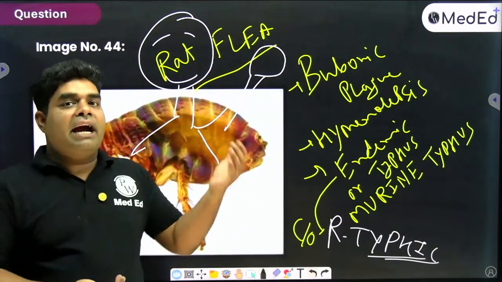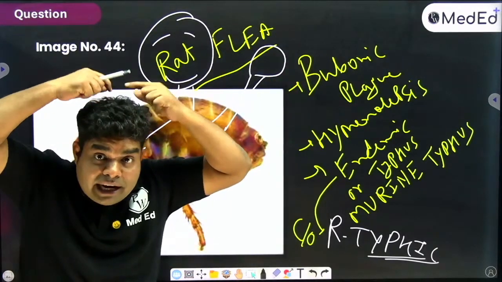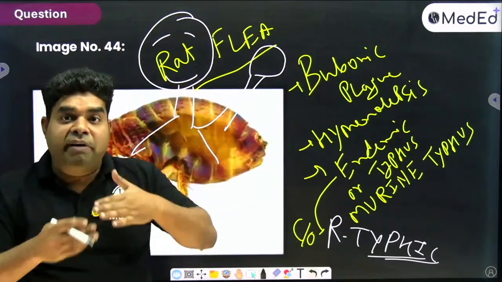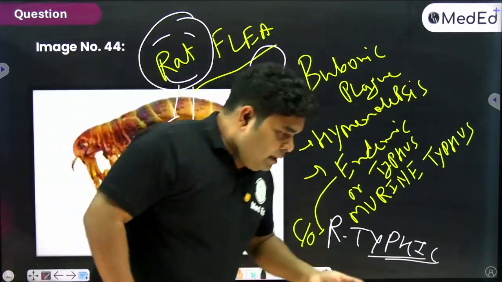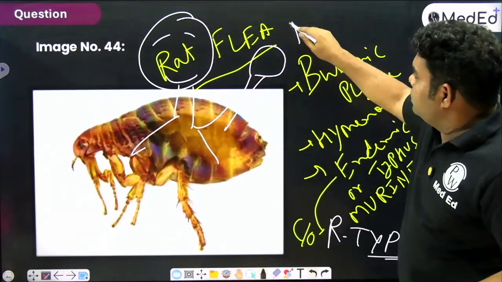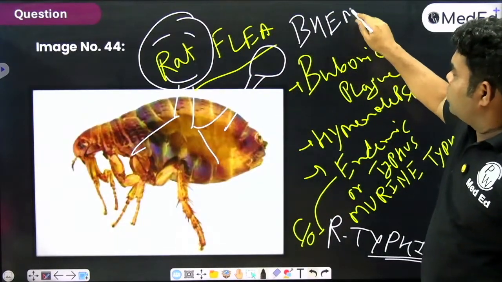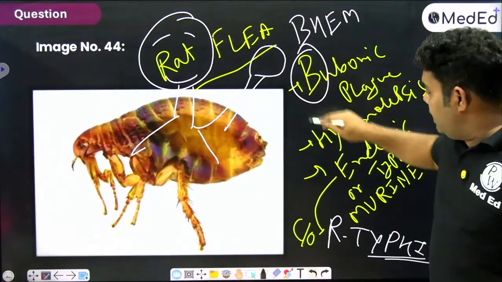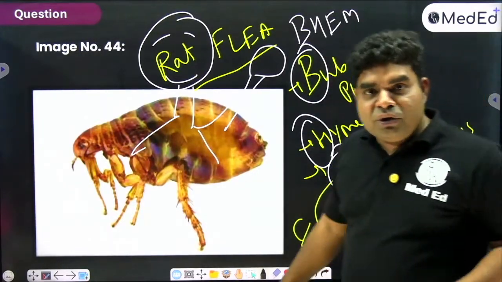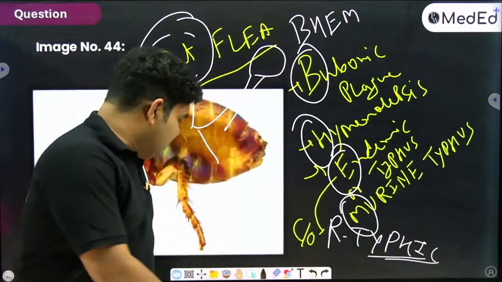Endemic typhus by rat flea, epidemic by head lice. Okay, so the difference should be clear. Endemic Rickettsia typhi, epidemic Rickettsia prowazekii. And I hope you will remember why I am making this Chota Bheem. Because if you see BHEM, Chota Bheem, B for bubonic plague, H for hymenolepis, E for endemic typhus, M for murine typhus. So the mnemonic becomes Bheem. Okay, that is for this rat flea.